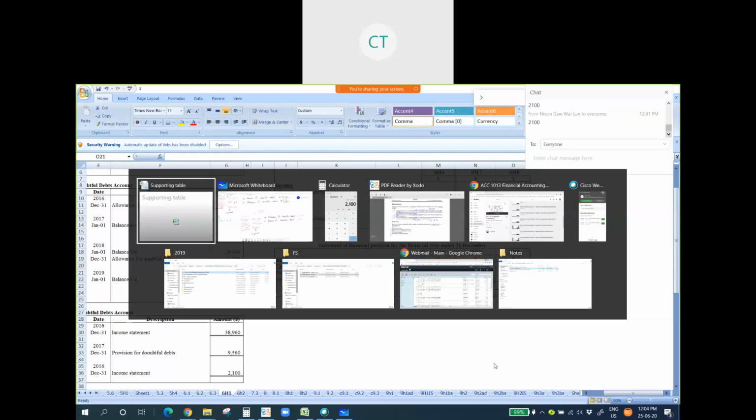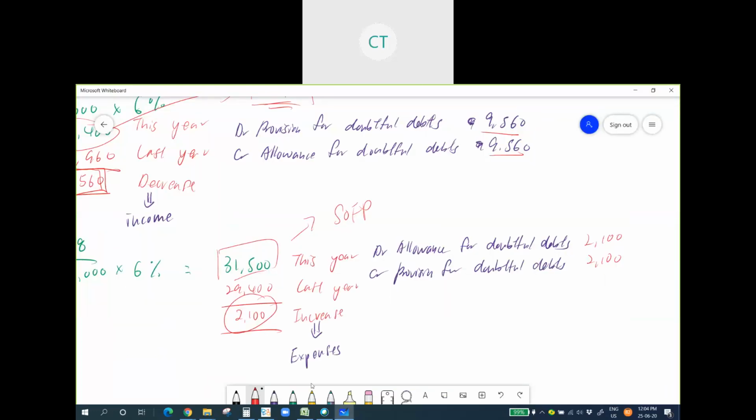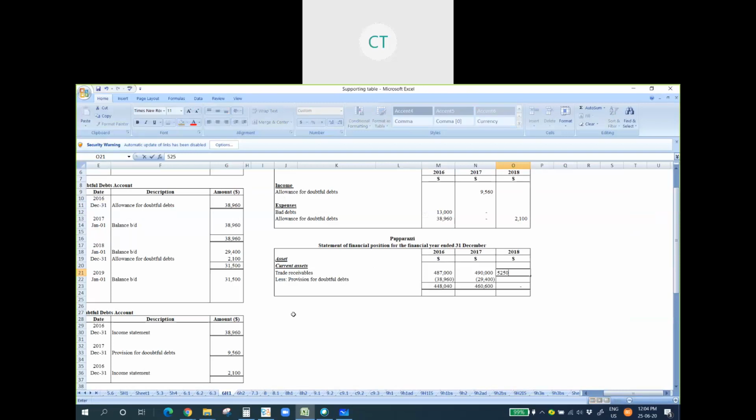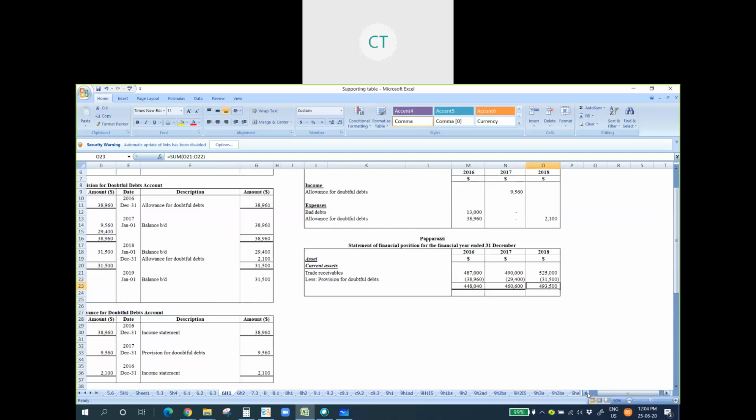My trade receivables 525, right? 525,000 and 31500 is the provision for doubtful debts. So we get our net receivables 493,500. So that's all for the home exercise 6.1.